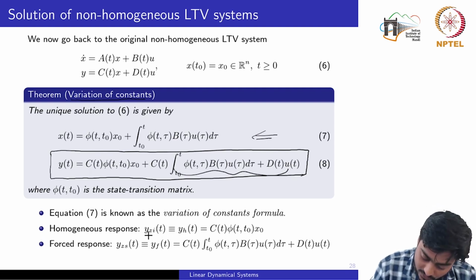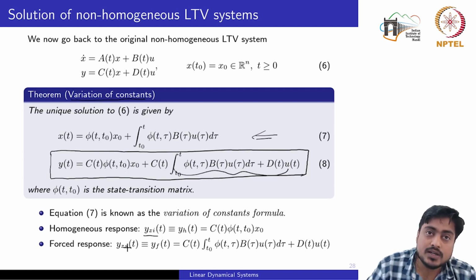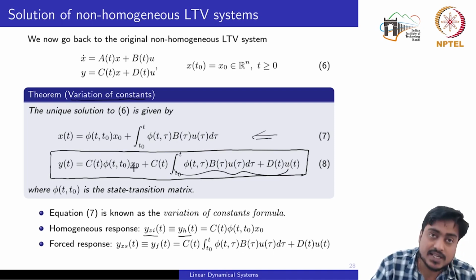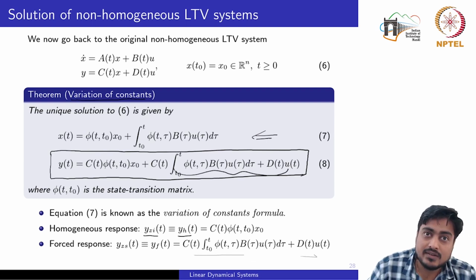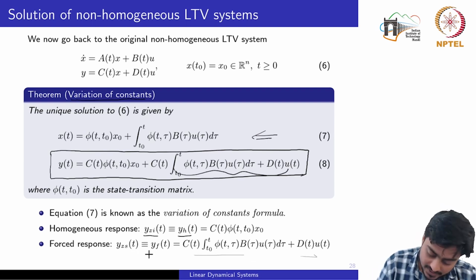We call it either the zero input response or the homogeneous response. Now if we have the initial state x naught is equal to 0, then the only response is this one, because of the input signal, and we call it either the zero state response or the forced response, which is given by this part. So if you see some similarity with the previous lecture, basically in the last lecture we discussed only this response.